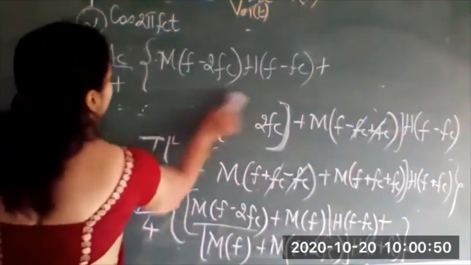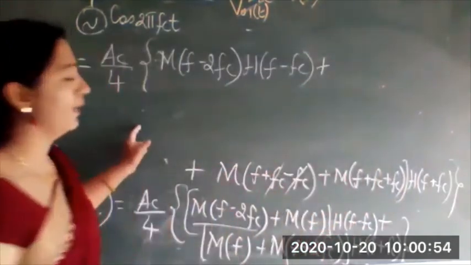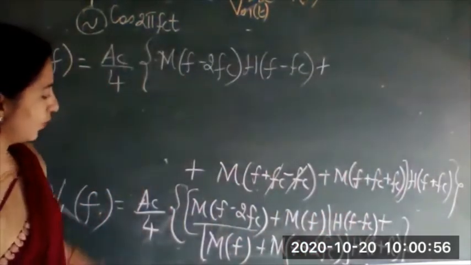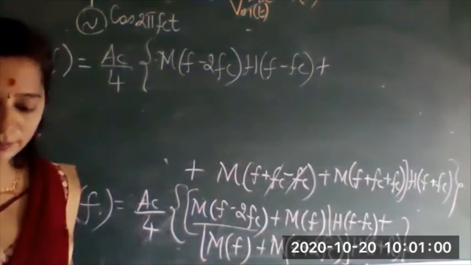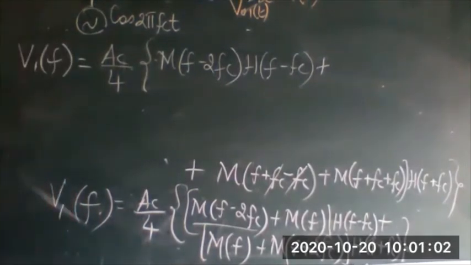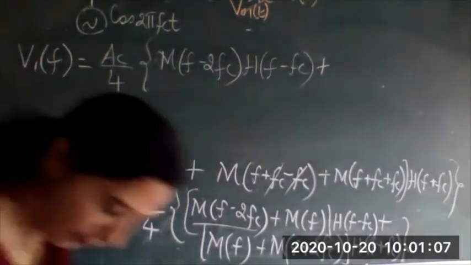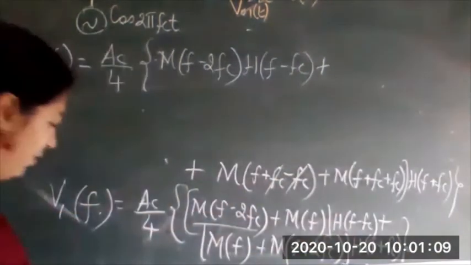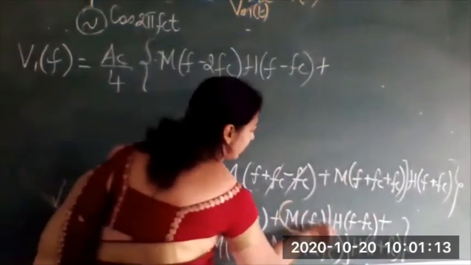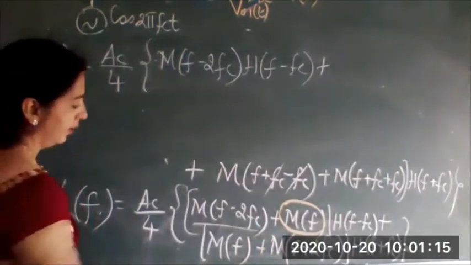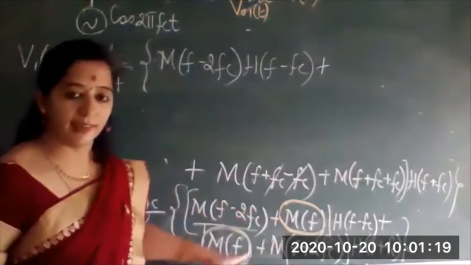And what else is there in this equation, which is at high frequency, at 2fc also. In the second part also, see, I don't have a color chalk here. See, this is the low frequency part. Here, this is also the low frequency required message signal.